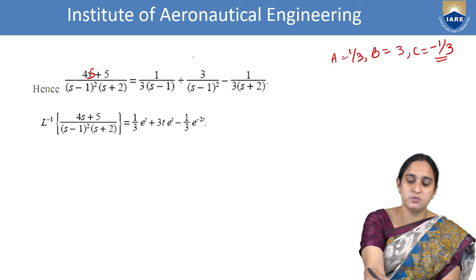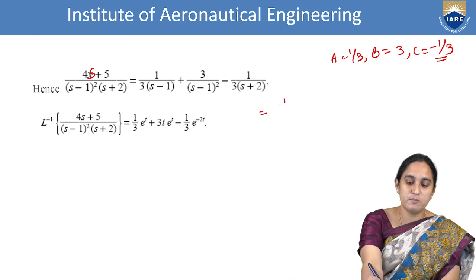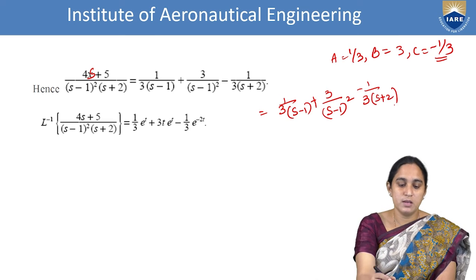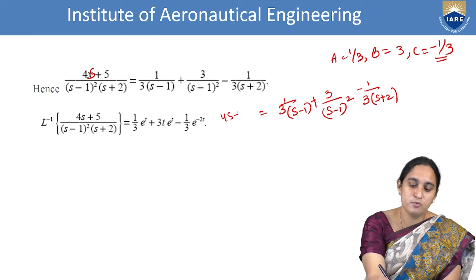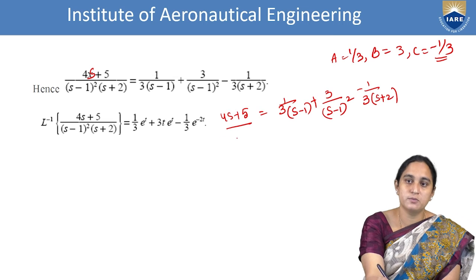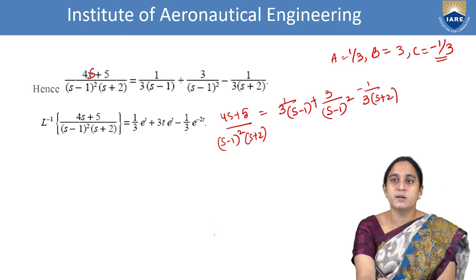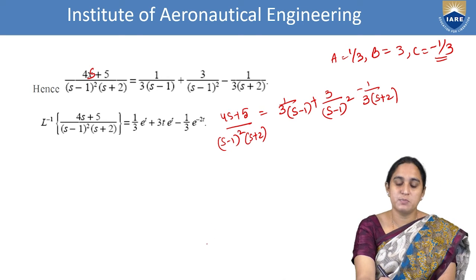Then substituting here, that is 1 by 3 into (s minus 1) plus 3 by (s minus 1) whole square and minus 1 by 3 into (s plus 2). This is equal to (4s plus 5) by ((s minus 1) whole square into (s plus 2)).